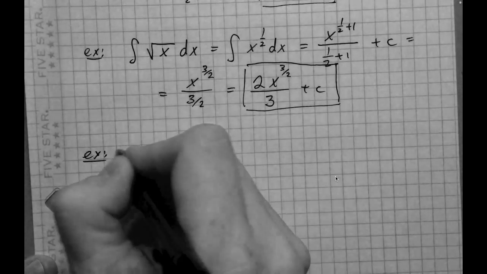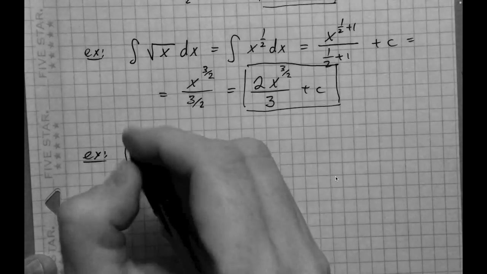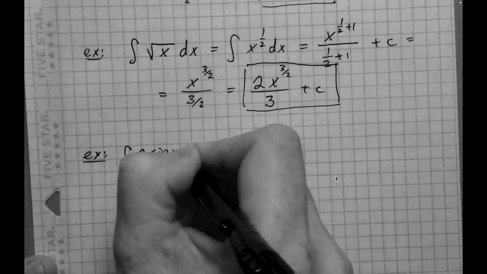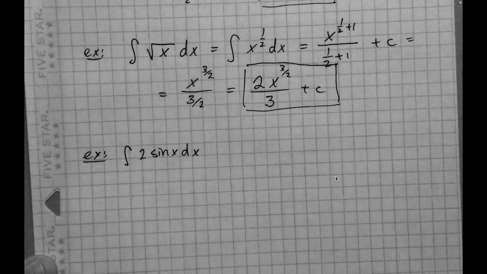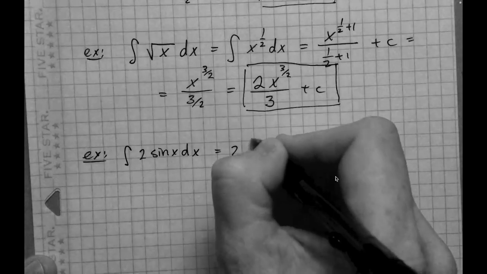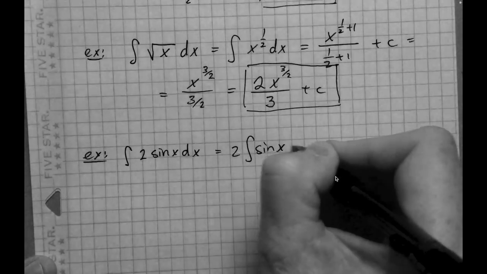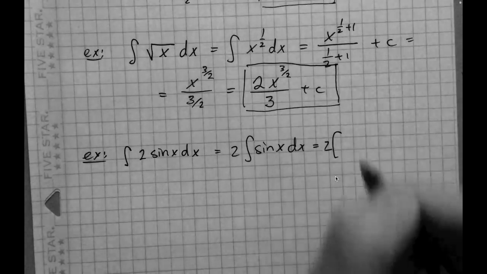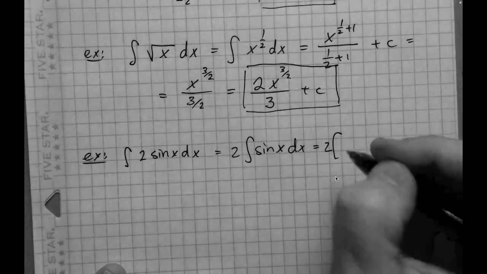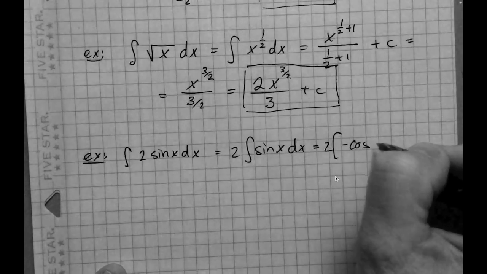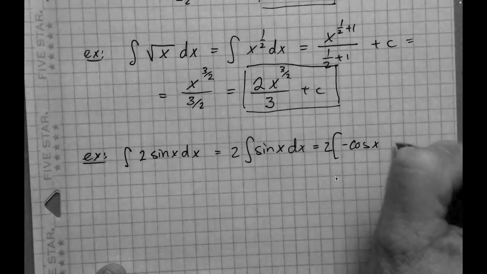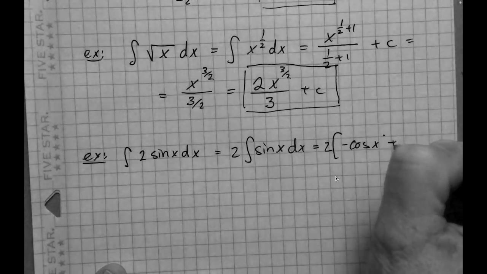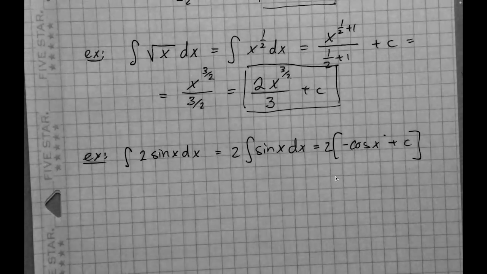Here's another one. What about the integral of 2 times the sine of x? Here we can pull the 2 out, so it's just the integral of sine of x dx. And we know the integral of sine is negative cosine plus the constant, of course.